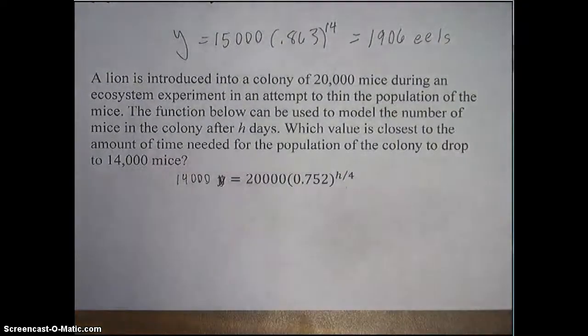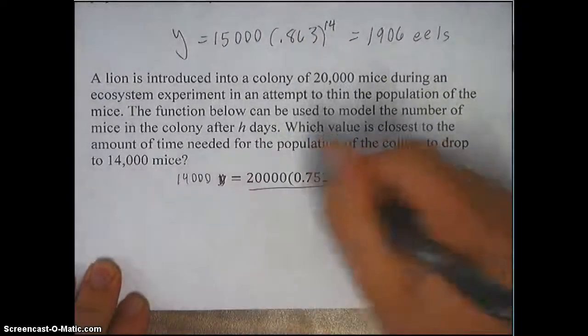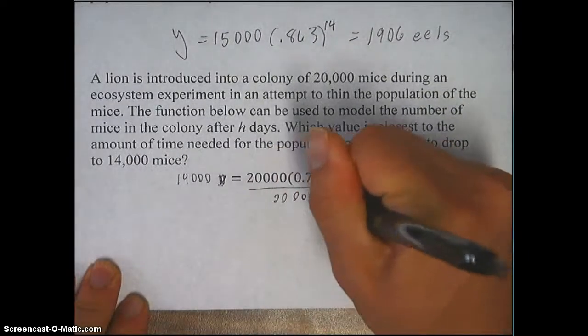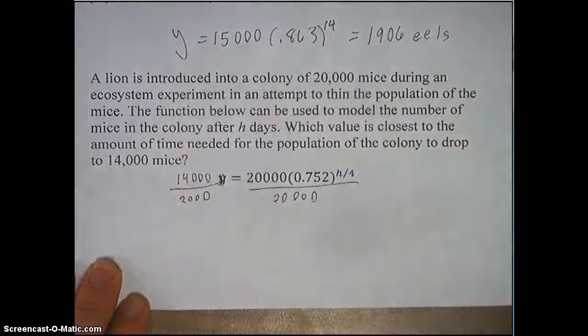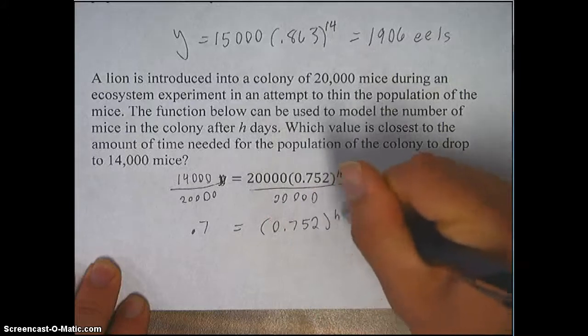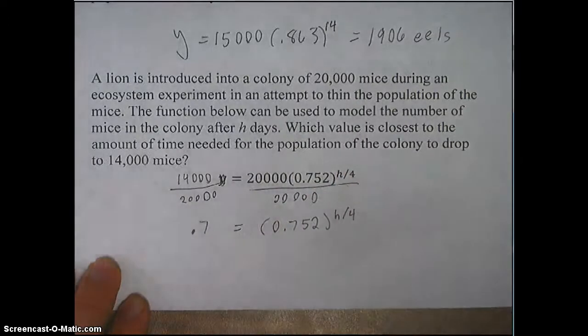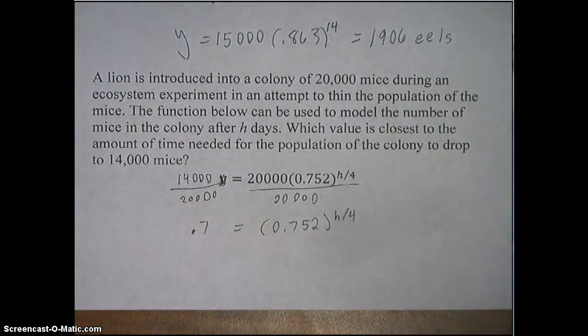Solve for h. So the first thing we got to do is divide both sides by 20,000. And that's going to give me 0.7 equals 0.752 raised to the h over 4 power. Now, I need to get that h by itself, and I've got an exponential here.